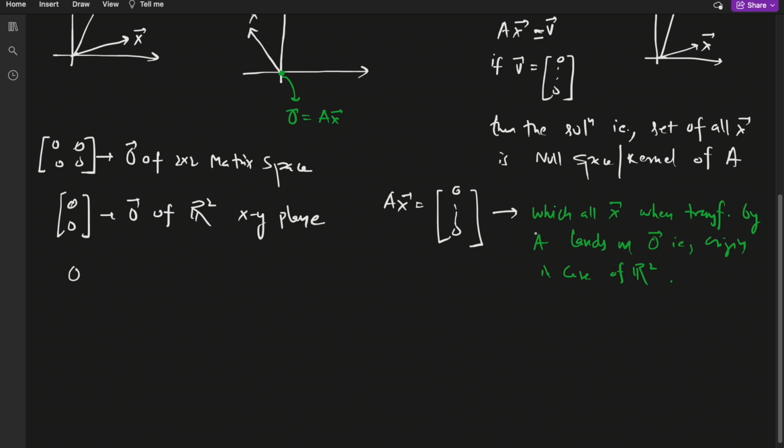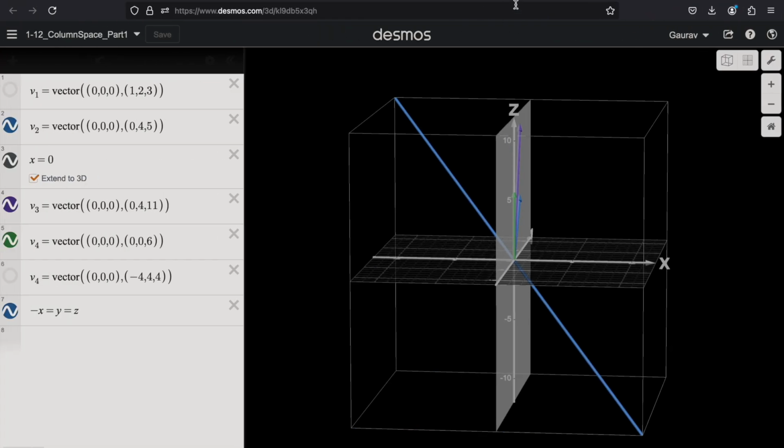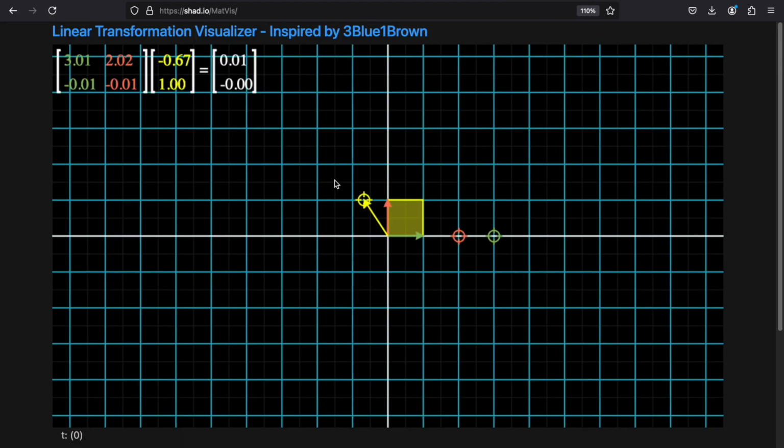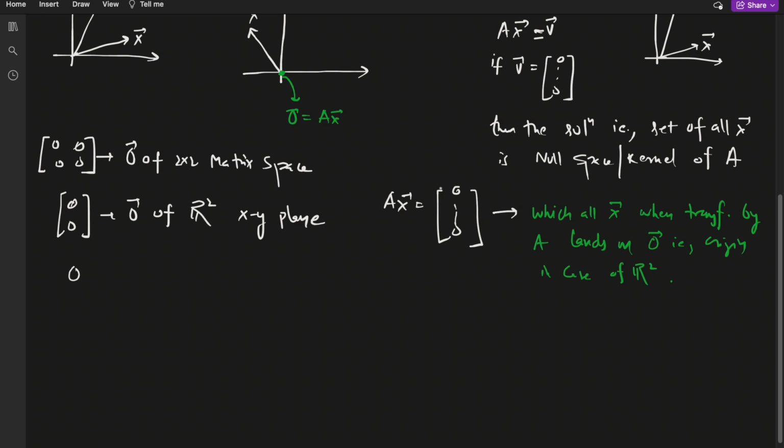All right. So now, I will show you a visualization of what the null space is. Let us suppose we take this matrix, 3 0 and 2 0.